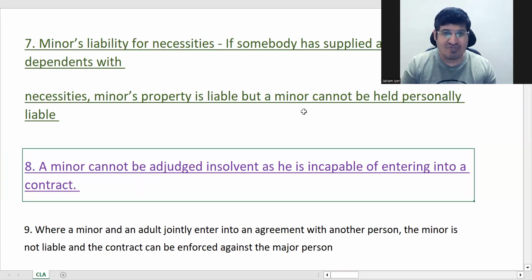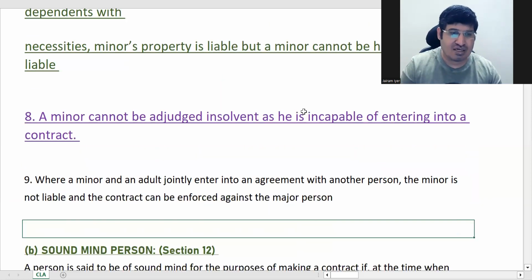So whatever money you have given to him will remain his. When you adjudicate someone as an insolvent, whatever money or property he has, you can have it sold and get back at least something. You cannot do that to a minor.